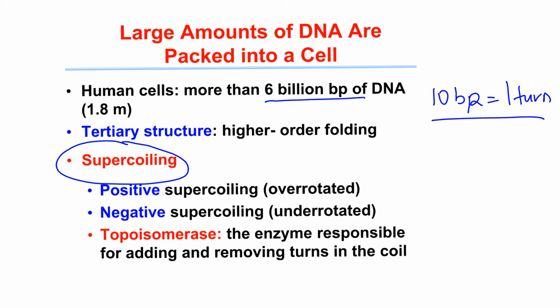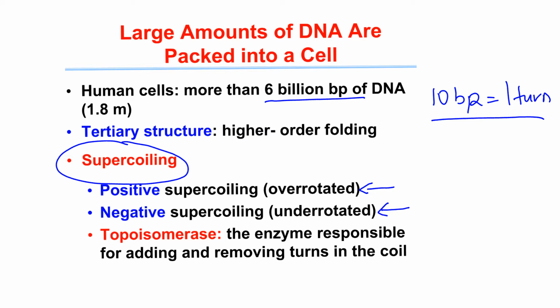So in order to bring a higher level of organization, DNA is supercoiled. It is either over-rotated, in which case we say that it's positively supercoiled, or it can be under-rotated, which means that it's negatively supercoiled. So how does the coiling change in DNA?